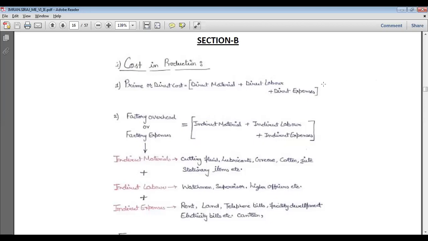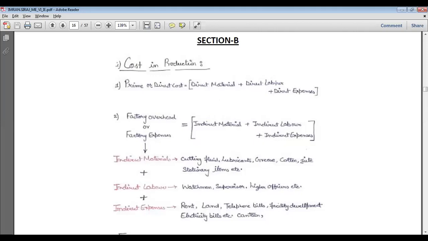Production cost, first is prime or direct cost: direct material plus direct labor plus direct expenses. So this is called prime or direct cost. Direct material is the material that is directly used for converting the raw material into the final product.